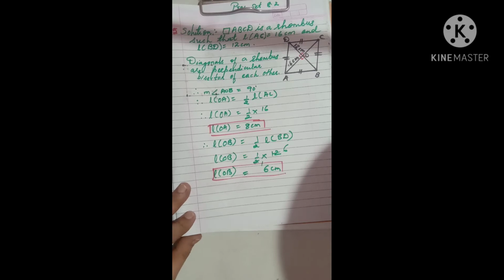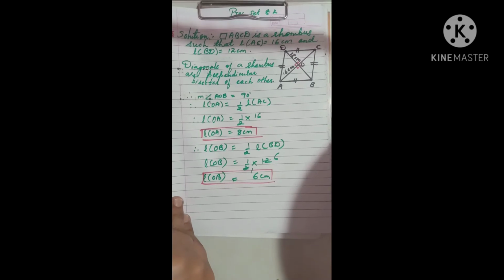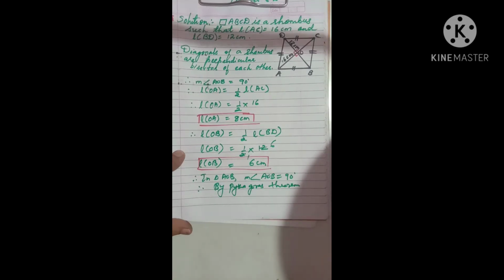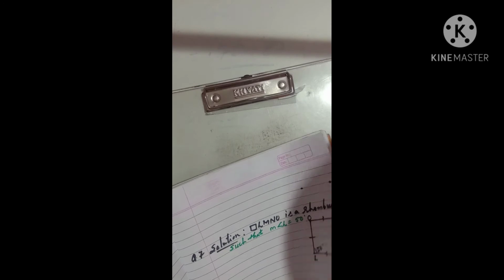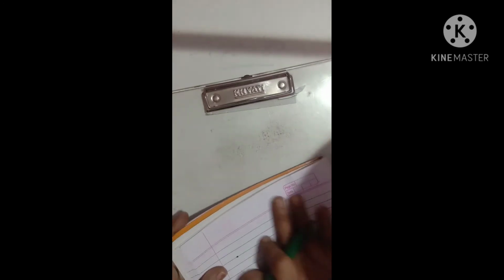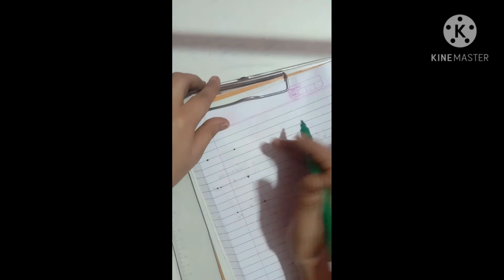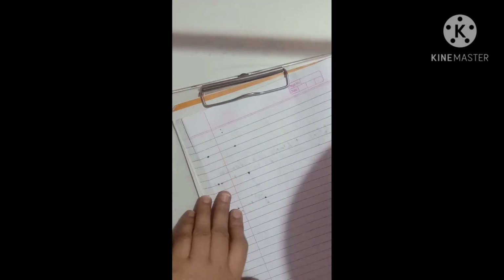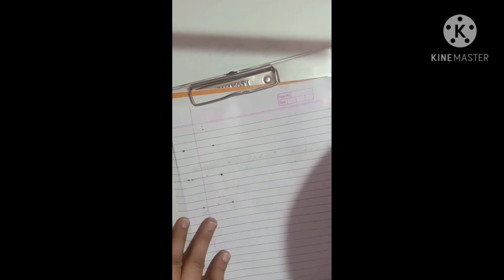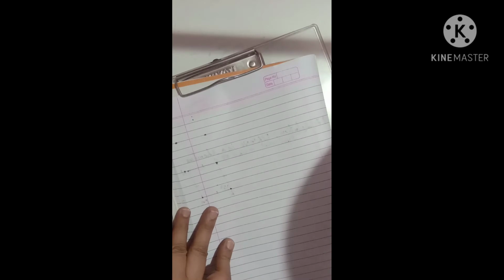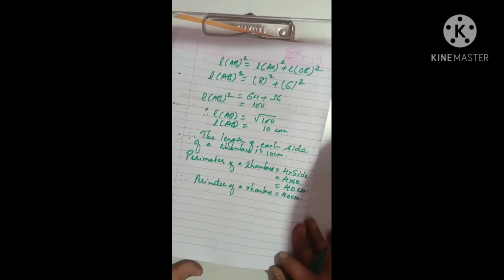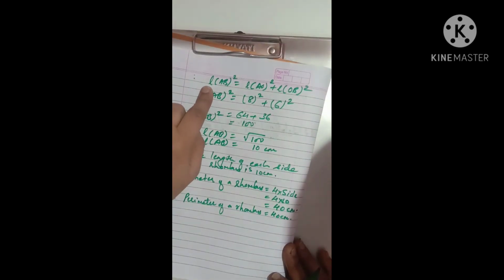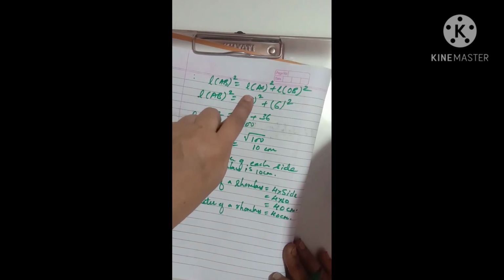Now in triangle AOB, you can see in the figure, measure angle AOB is equal to 90 degree. So by Pythagoras theorem, length of AB square is equal to length of AO square plus OB square.